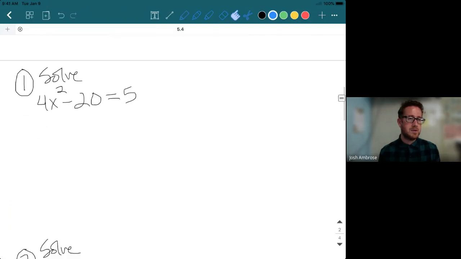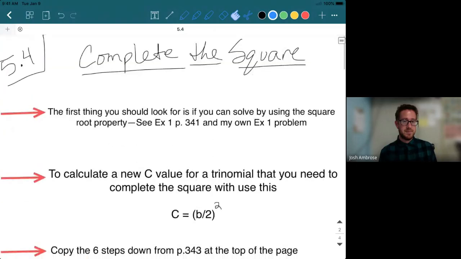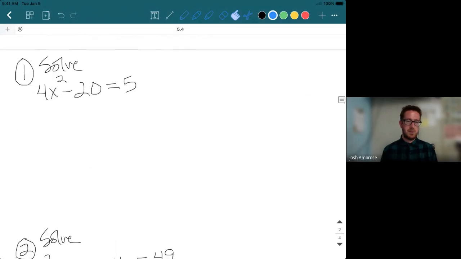Here we go. The first style that we have here, we're just going to use, as the first note said, the square root property. Let's take a look at what this looks like if square roots work out perfectly. The first step that I see is we're going to try to isolate that variable. Isolate x.